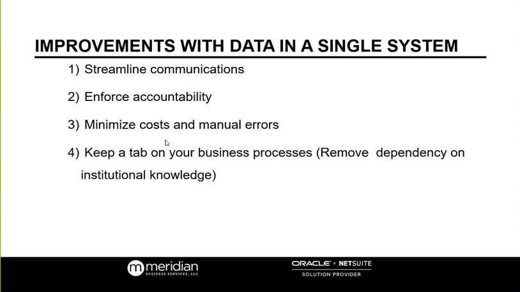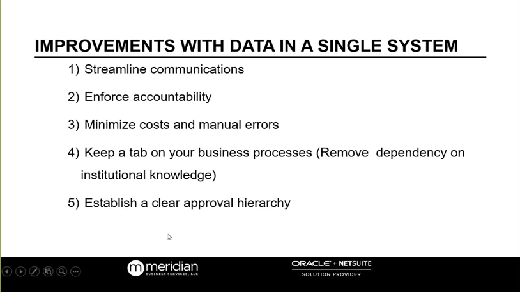The fourth area of improvement that we see is being able to keep a tab on your business. So removing that dependency on institutional knowledge, that Bob in the warehouse knows how to do this, has always done it this way. Now you create a repeatable set of processes, which is important in business growth as well. And then establishing a clear approval hierarchy.